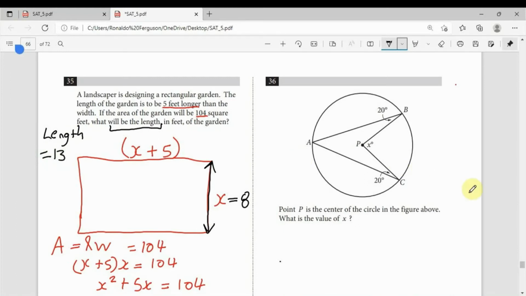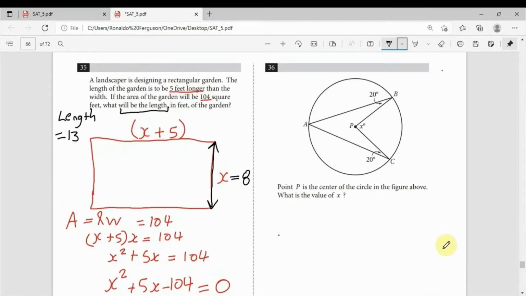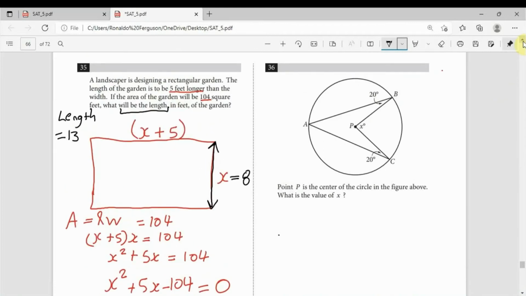Alright, easy stuff. Now this question right here, guys, it says point P. So this is a little bit of circle theory. I know a lot of persons might not remember circle theory, but it's not a lot we have to remember in circle theory. Just a little bit. So this says a point P is the center of the circle, and it says, what is the value of x?